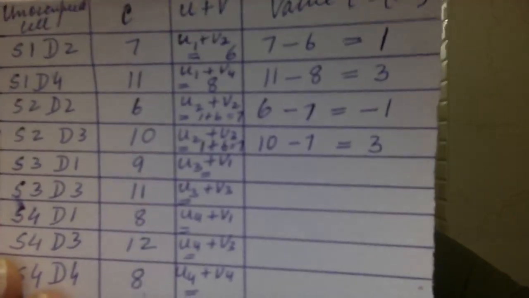Next, U3 plus V1. U3 is minus 1 plus V1 is 10. So minus 1 and 10 is 9. So 9 minus 9 is equal to 0.